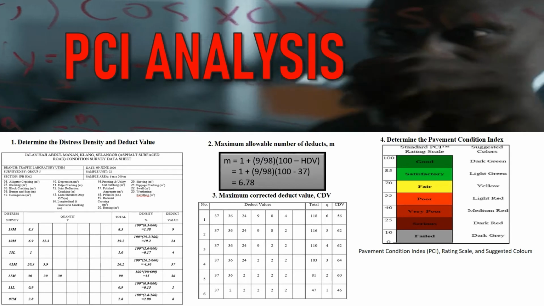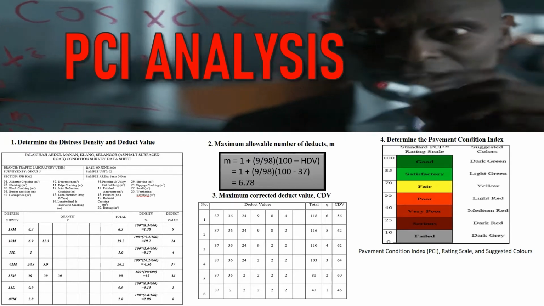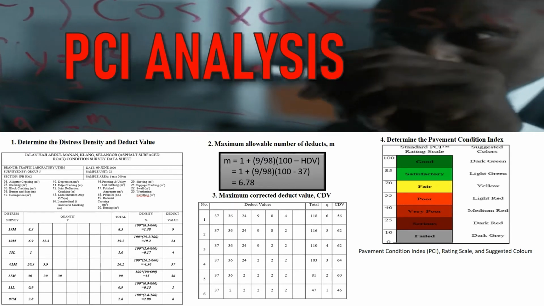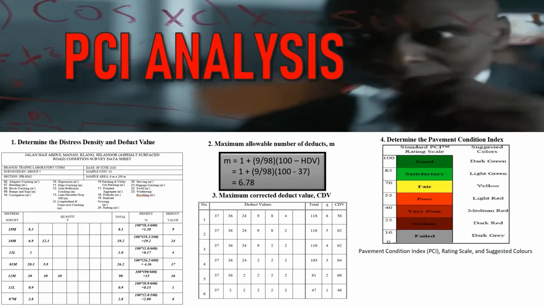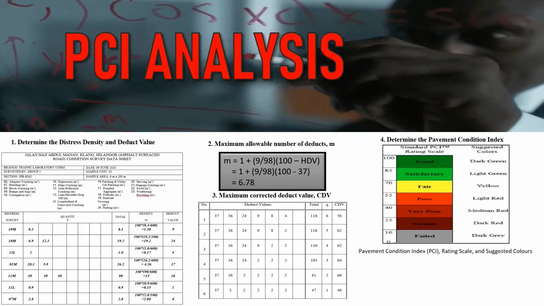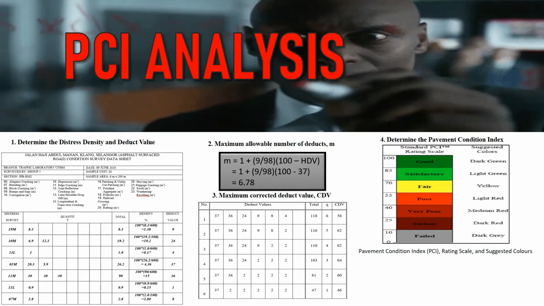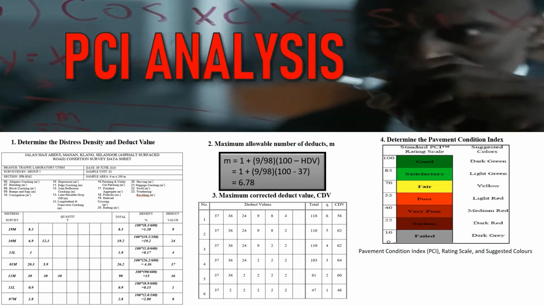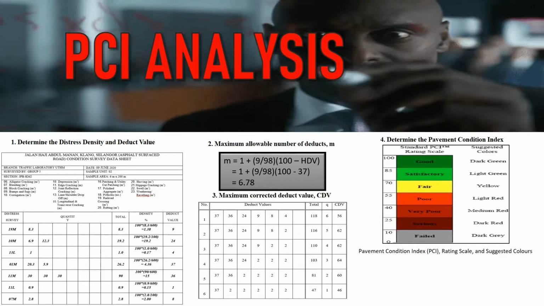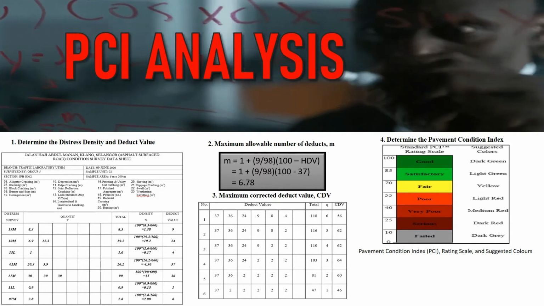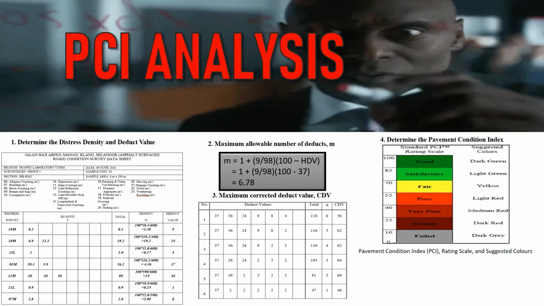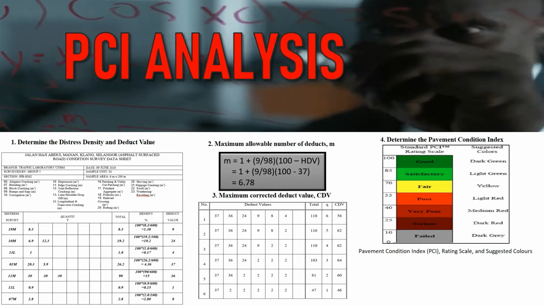To determine the PCI of Unit 2, distress density and deduct value are calculated. Then, calculate the maximum allowable number of deducts M. Using the formula, the maximum allowable number of deducts is 6.78.